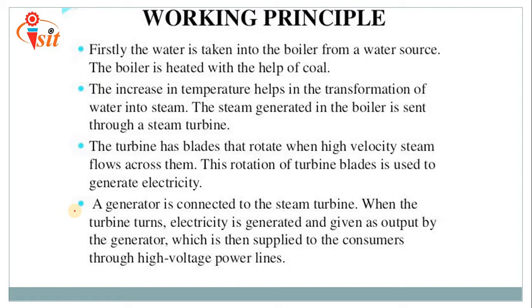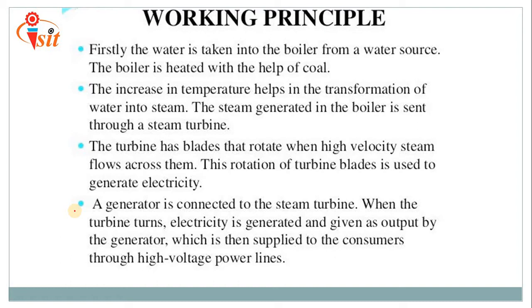But there are actually two types of power plant. The first is the condensing power plant, and the second is the non-condensing power plant. Mostly, in 90% of steam power plants, the condensing type is used, because it is most important and beneficial.